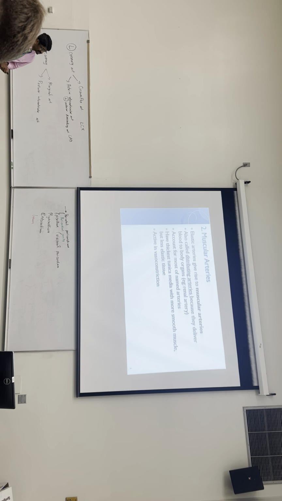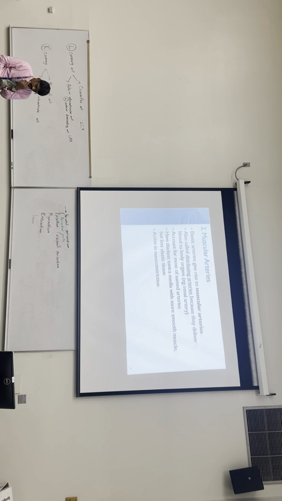They have the thickest tunica media, because in that is the muscle, right? It is called muscle, and this helps with vasoconstriction. For example, when we have the sympathetic nervous system firing, blood supply to the kidneys is going to go down, blood supply to the liver is going to go down. Pretty much all of the abdominal organs.